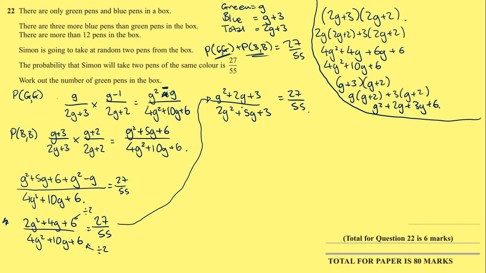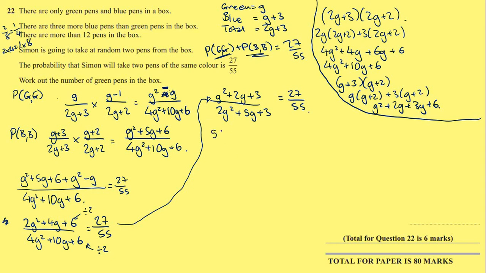Now, we can cross multiply here. I can multiply this denominator by 27 and multiply this denominator by g squared plus 2g plus 3. We should know, for example, that 2 over 8 equals 1 over 4, because 2 times 4 is equal to 1 times 8. These two things multiplied together equal these two things multiplied together.